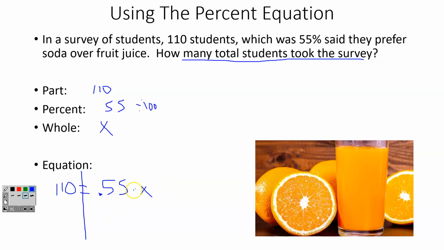So to do that, the opposite of multiplying by 0.55 is to divide by 0.55. So if I type in my calculator 110 divided by 0.55, I get an answer of x equals 200. That means 200 students took that survey. 110 of them said they like soda over fruit juice, and that was 55%.